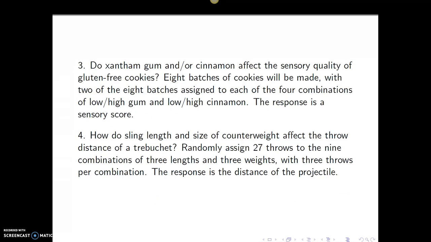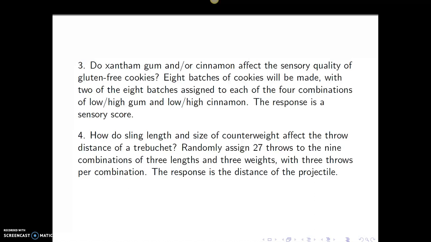Does xanthan gum and or cinnamon affect sensory quality of gluten-free cookies? 8 batches of cookies will be made. Remember, a batch is just a batch, has multiple cookies in it. With 2 of the 8 batches assigned to each of the 4 combinations of low versus high gum and low versus high cinnamon.